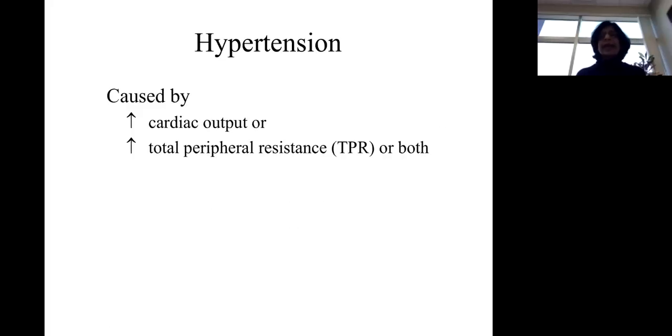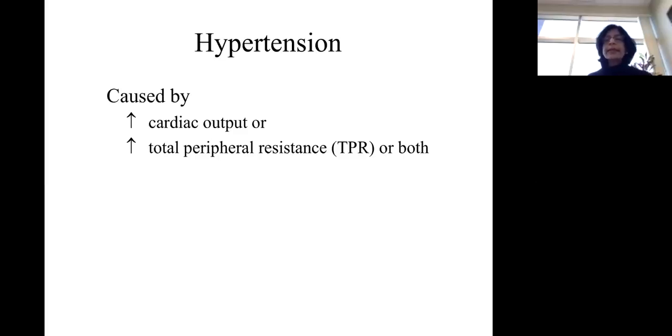What causes hypertension? Well, if you remember, we talked about how blood pressure is determined by two key factors. One is cardiac output. Two, it is the total peripheral resistance. Okay, the opposition to blood flow is what you call total peripheral resistance.